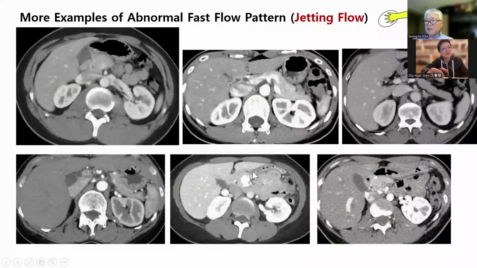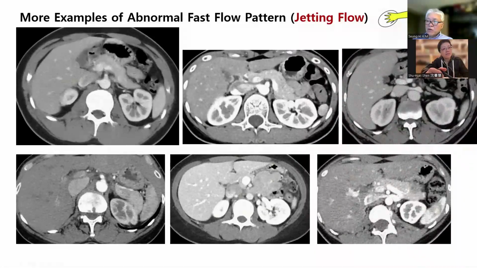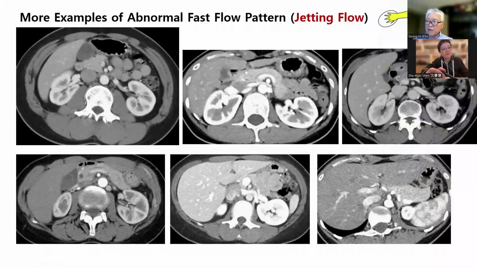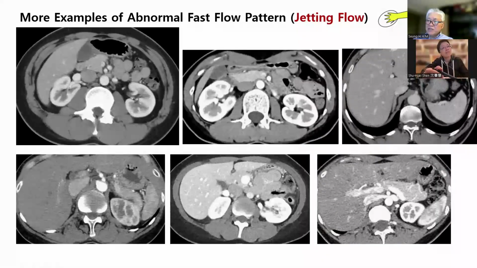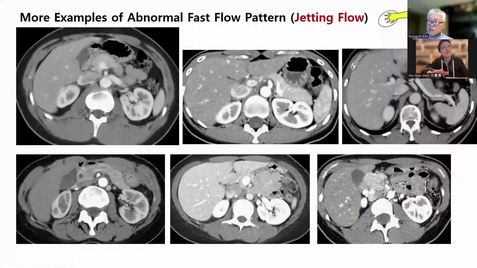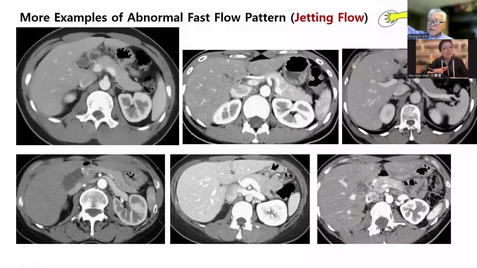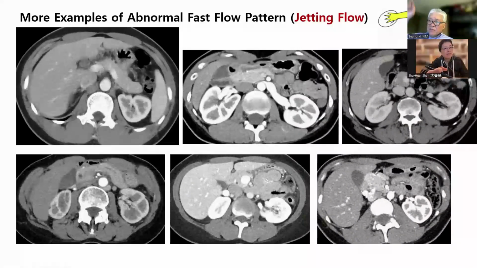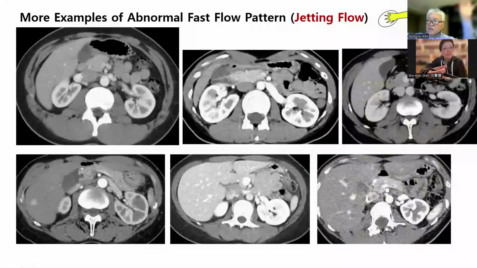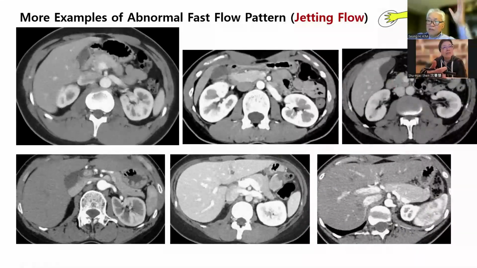It's something like when we do retrograde pyelography in cases of congenital UPJ obstruction, the contrast in the ureter is very strong, and when it passes the pinpoint ureterovesical junction, it spreads into the wide renal pelvis.